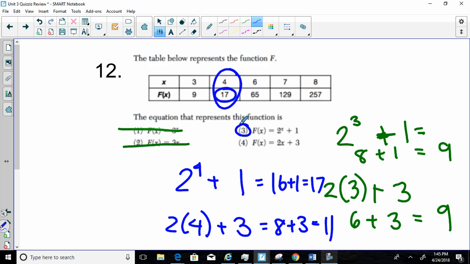It could look like multiplication, but you're not multiplying each time. So if this was 2 to the x, that means I'm multiplying each answer by 2 and adding 1. Here I'm adding 2 and then adding 3 to the answer, right? So I'm adding 2 4 times, then I'm adding 3. When you're plugging it in, you're multiplying, but you're really adding over and over again. Does that make sense? Yeah, I could see why that's confusing.